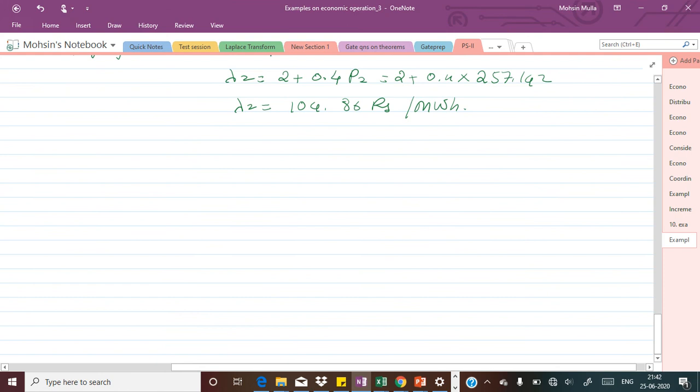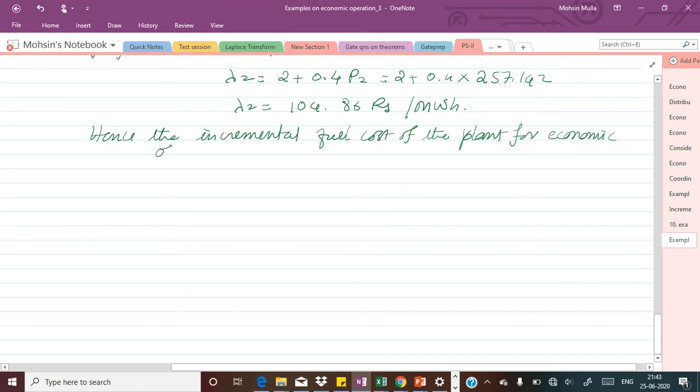Okay, so therefore we can write that hence the incremental fuel cost of the plant for economic operation is rupees 104.86 per megawatt hour.